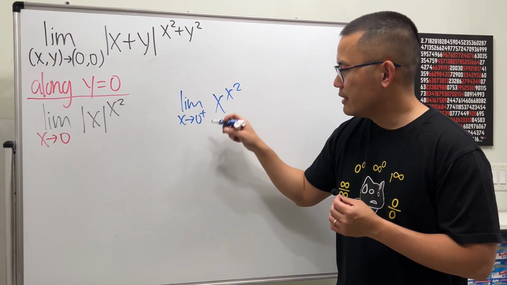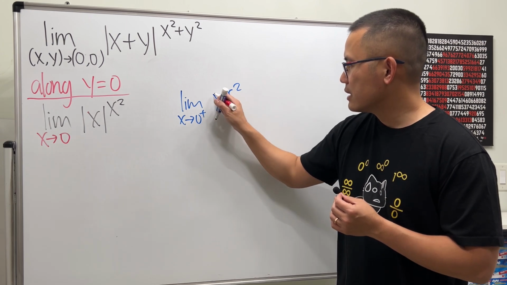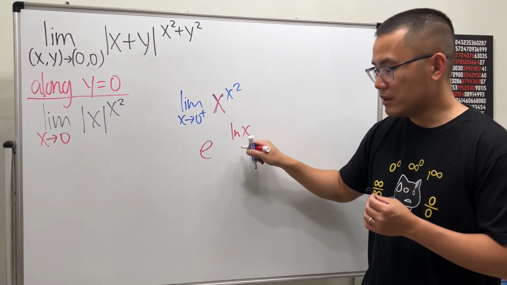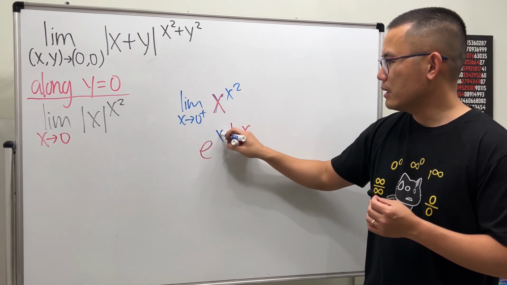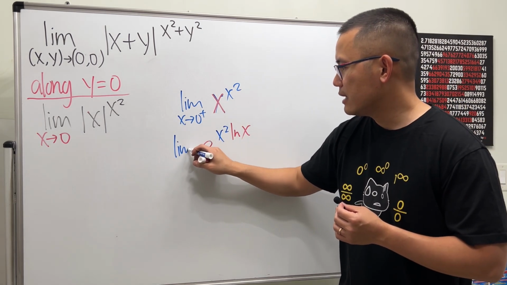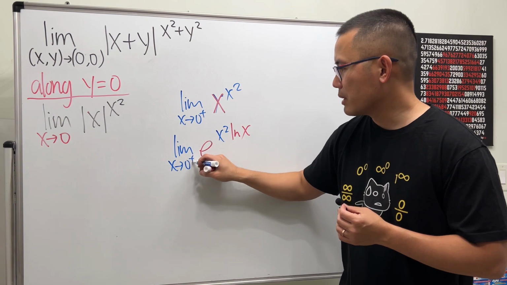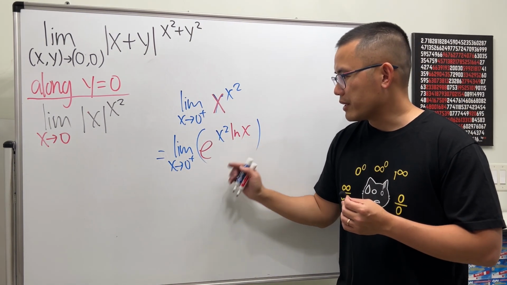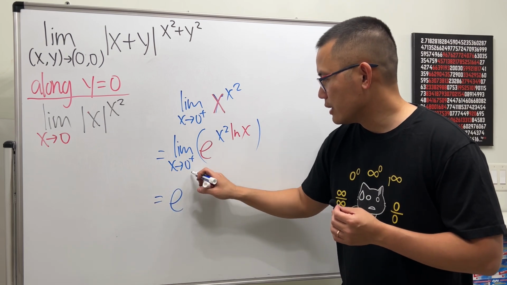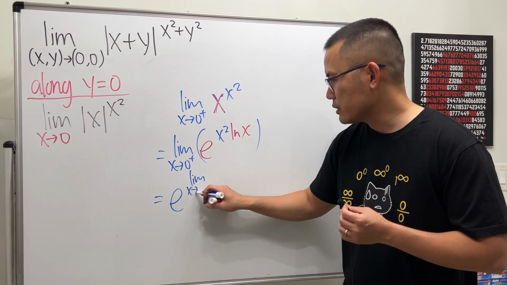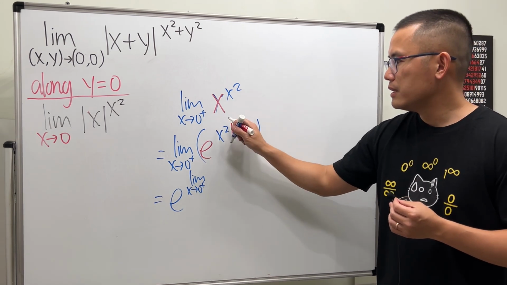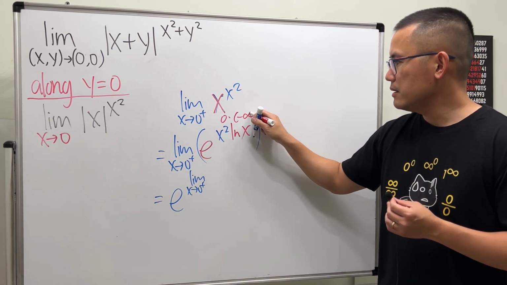Anyway, for this one, we change the base to e to the ln x, times this power, and then take the limit as x approaches 0 plus. Focus on doing the limit right here: e to the limit of x approaching 0 plus. We get the indeterminate form of 0 times negative infinity.